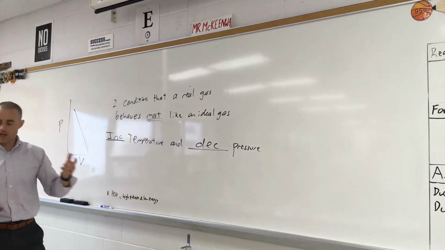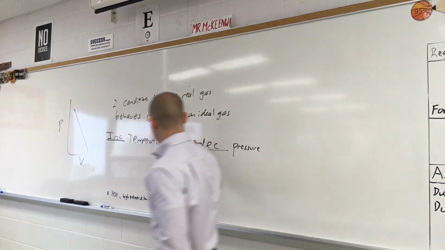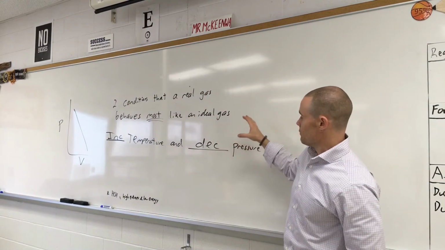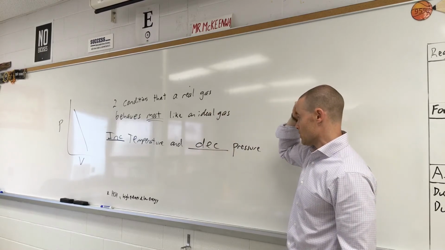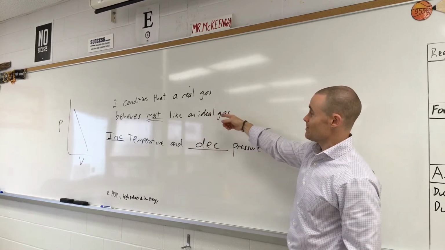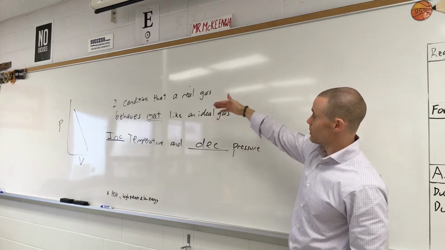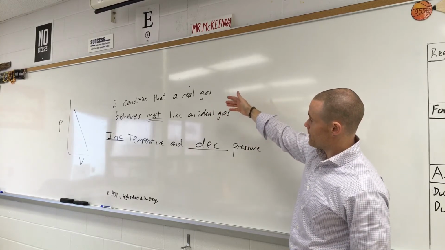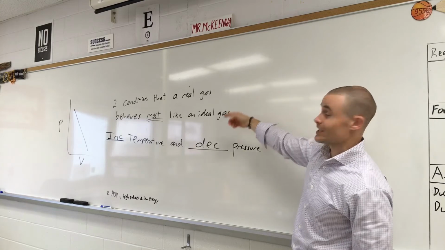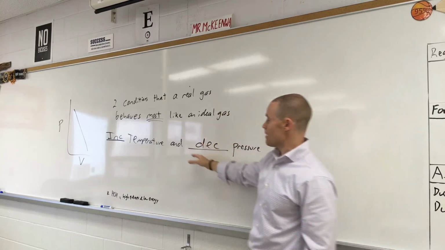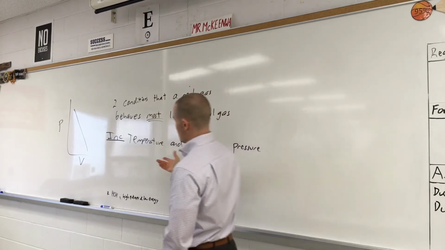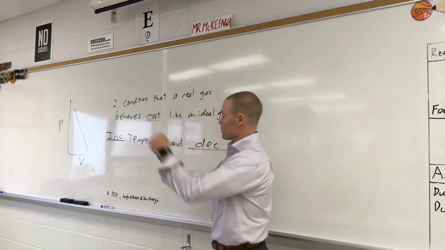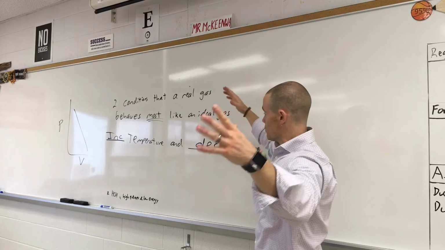Basically, and I say this a lot throughout the year, I really prefer you not to memorize it. Some kids say, I'm just going to memorize increase temp, decrease pressure. Well, on the Regents, sometimes they ask the reverse: what two conditions make a real gas behave least like an ideal gas? The kids who memorize it get all screwed up. So I prefer you understand the concept. If you heat up a gas, particles have energy to get away from each other, so they spread out.